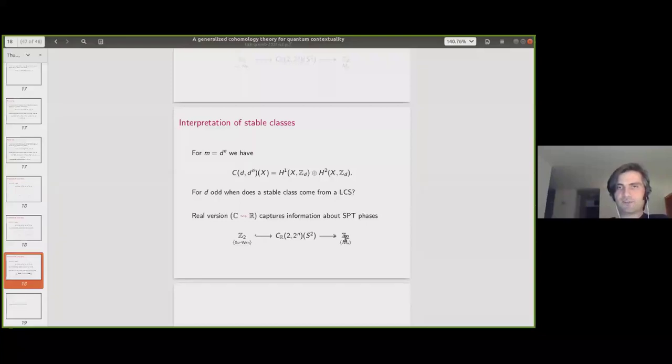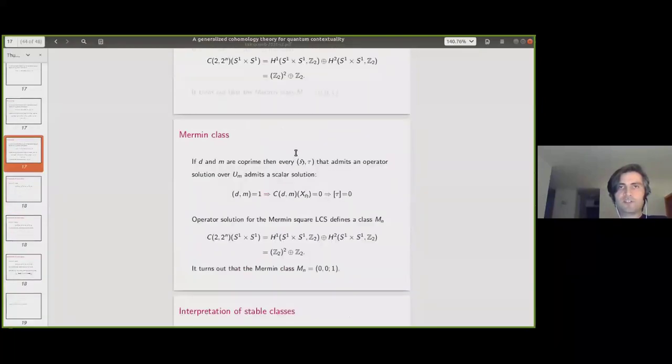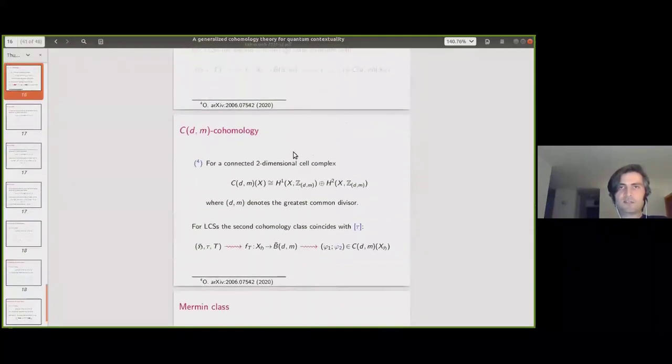You can go through the way that class comes about, which is essentially following this sequence of lines here, starting from the linear constraint system. This we know very well, and this part also we know very well, the topological realization of the Mermin square construction. And the last bit is the mysterious part, and that requires more study.